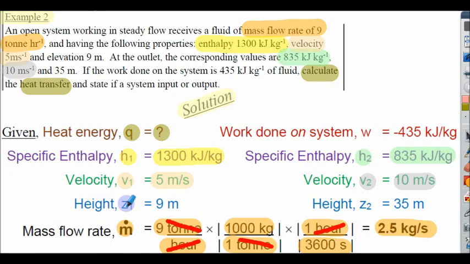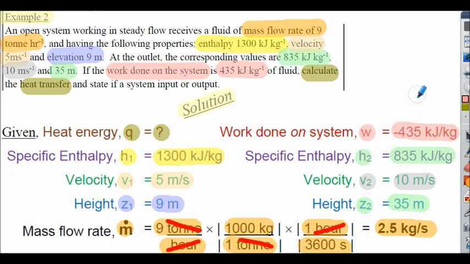We're given height Z1, inlet is 9 meters, elevation of 9 meters stated here, and height Z2 is 35 meters, that's the outlet elevation, 35 meters stated here. We're also given in the question that the work done on the system is 435 kilojoules per kilogram. So lowercase w here, work done on the system, that will be a negative value of work done.